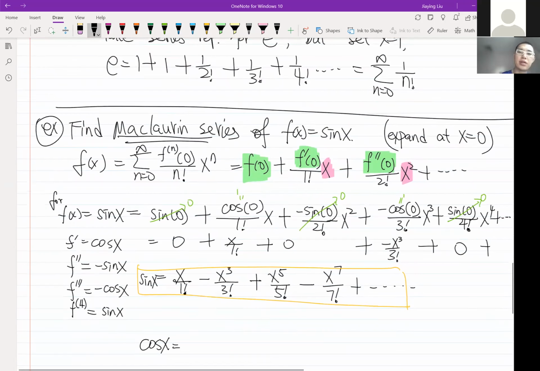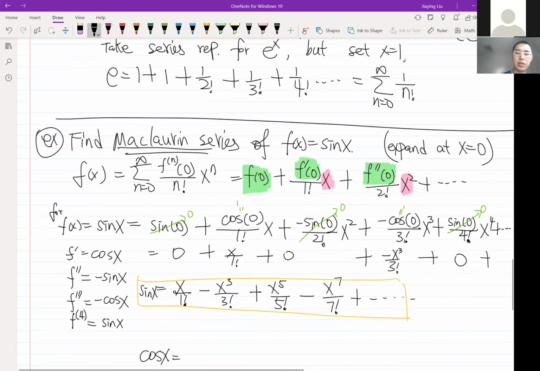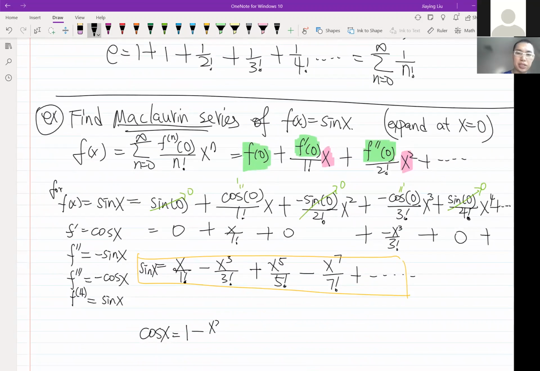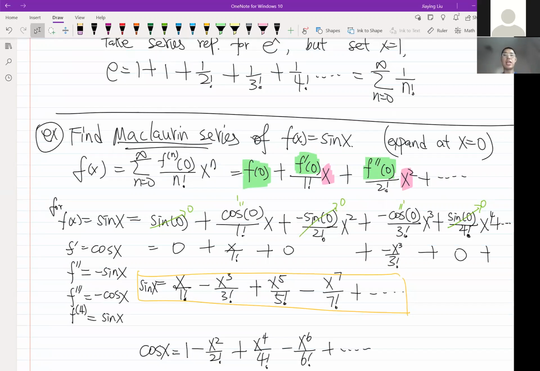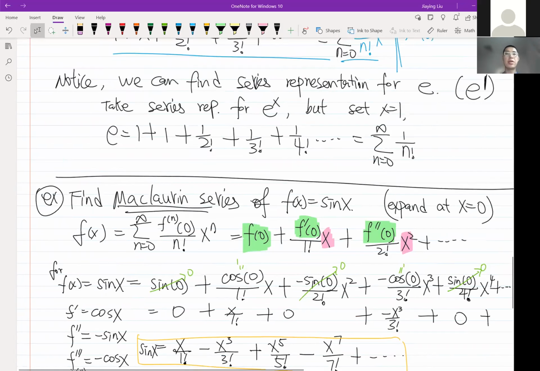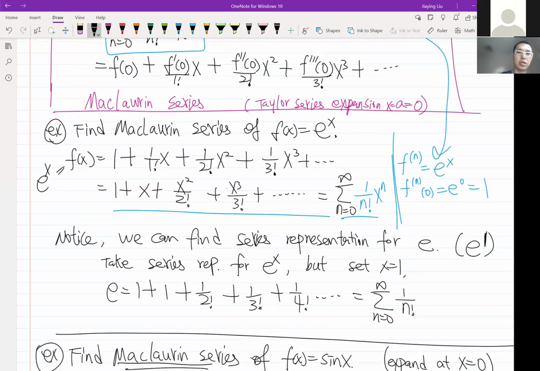And I believe that will just be 1 minus x squared over 2 factorial plus x to the 4th over 4 factorial minus x to the 6th over 6 factorial, and so on. So it turns out that the terms from sine and cosine, if you just forget about the negative signs, are all going to be the terms in the e to the x expansion.